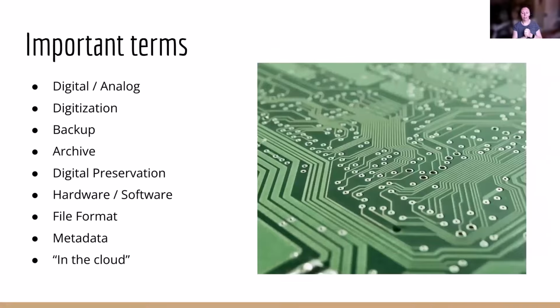So before we get too far, I do want to define some things so we're all on the same page. So when I talk about digital items or digital files, they are electronic items that are made up of tiny pieces of information called bits. These bits are essentially like ones and zeros in a long sequence that tell the computer or tablet or smartphone or electronic device how to use them and how to display that item.